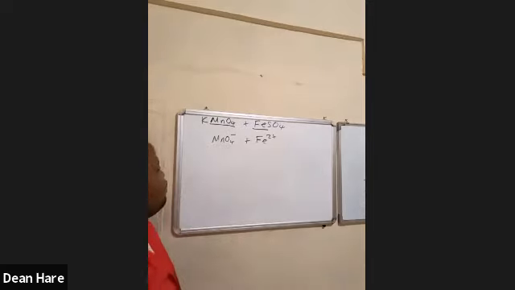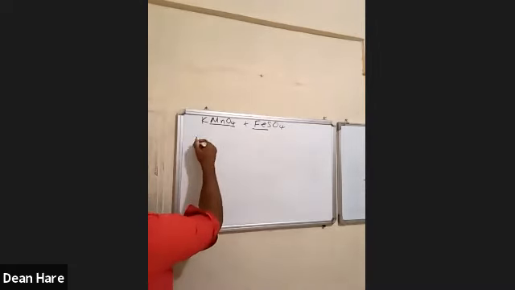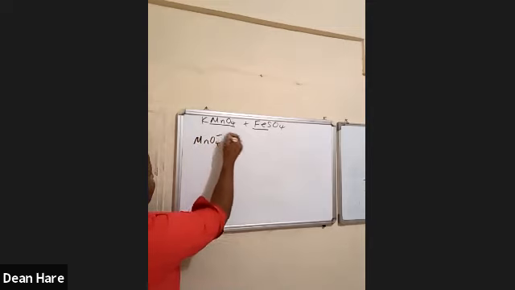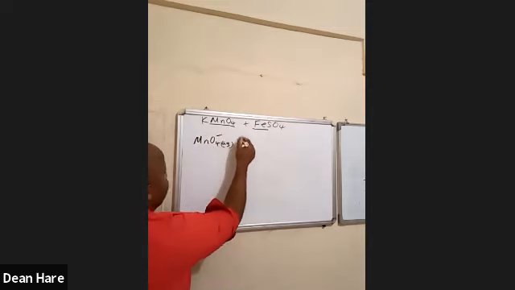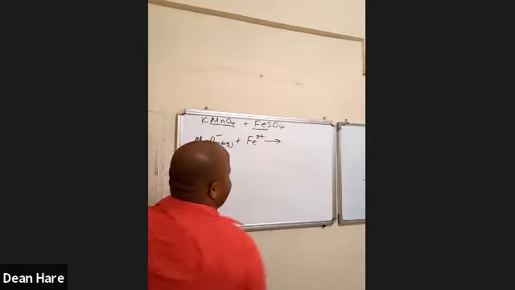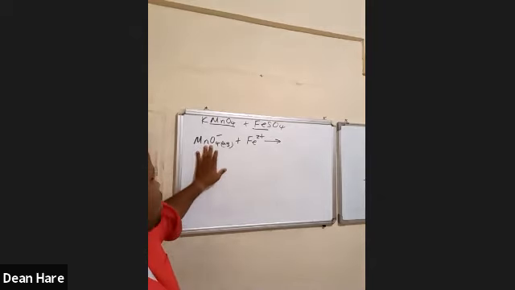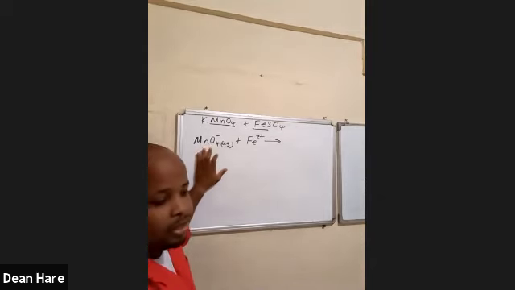All right. Now, let me write the equation. So it's MnO4- plus Fe2+. Can anybody tell me what will happen? Or potassium permanganate, which type of agent is it?